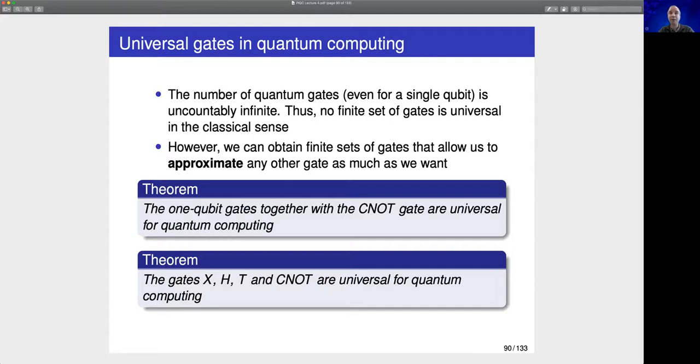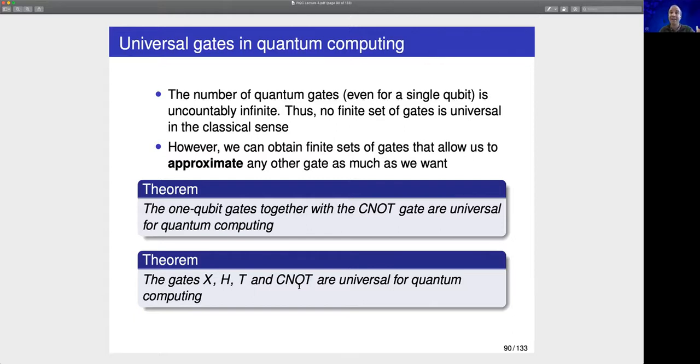Okay, and in fact, we can go even further, and we can prove that with just the NOT gate, the Hadamard gate, the T gate, and the CNOT gate, we can approximate all the other gates, no matter how many qubits we have. Of course, the number of times that we need to use these gates can grow exponentially, but we can do it in principle.